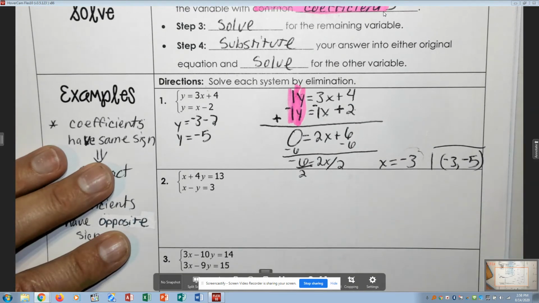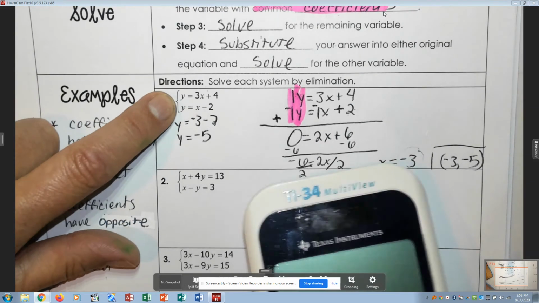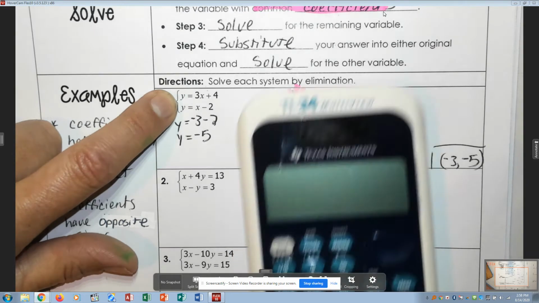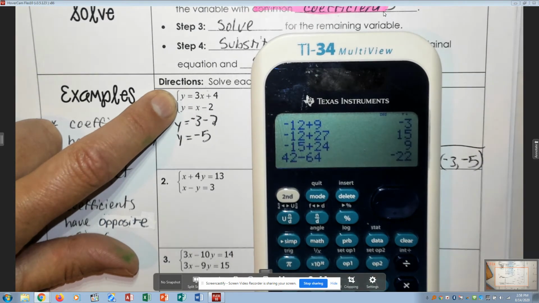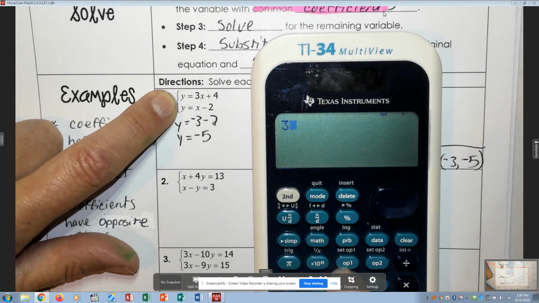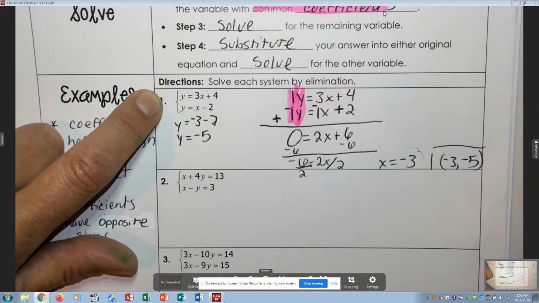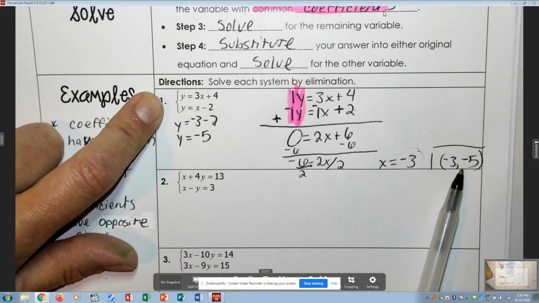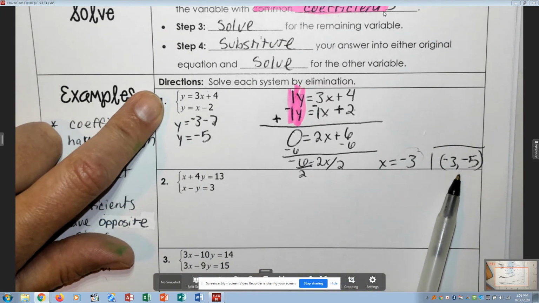Let's see if I get negative 5 if I plug negative 3 into the other equation. So 3 times negative 3 plus 4. Yes, I get negative 5. So since this point makes both equations true, it is the solution.